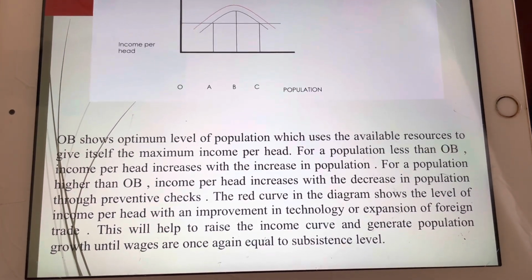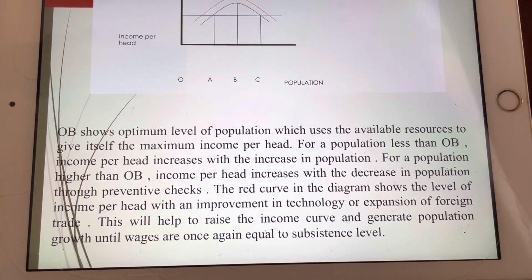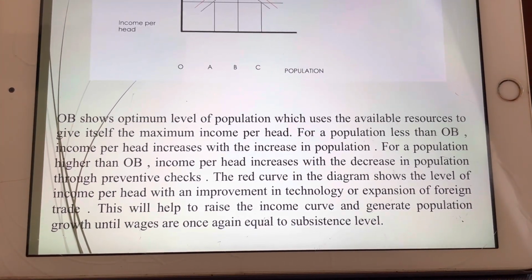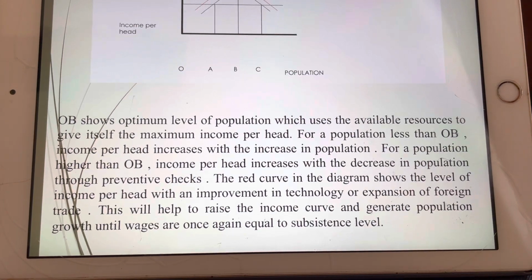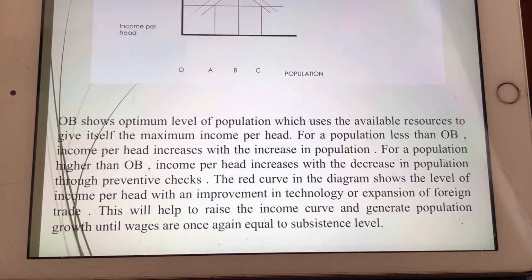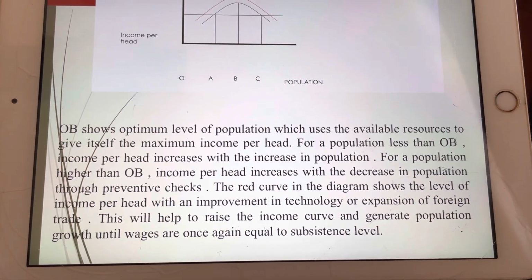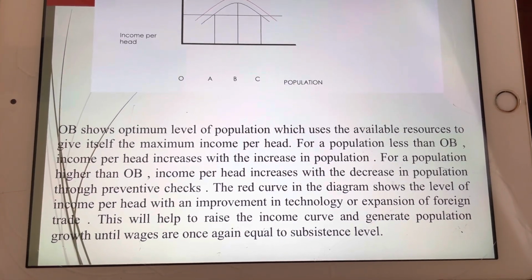Now we will see the red curve in the diagram. The red curve shows the level of income per head with an improvement in technology or expansion of foreign trade.